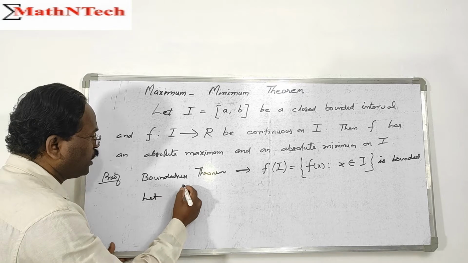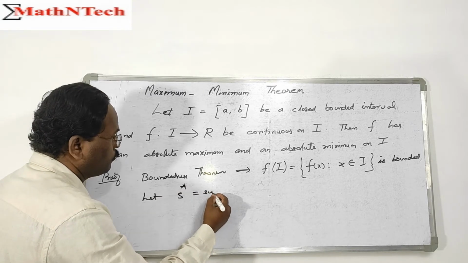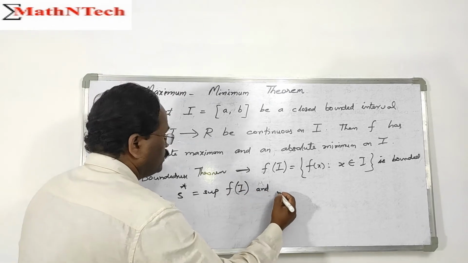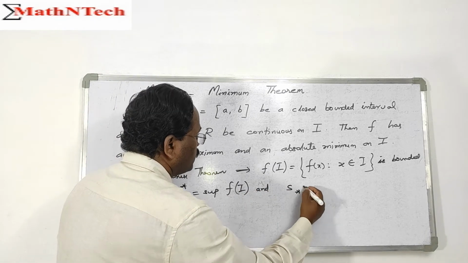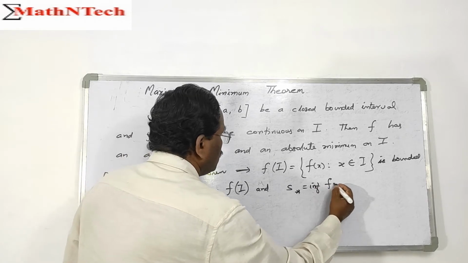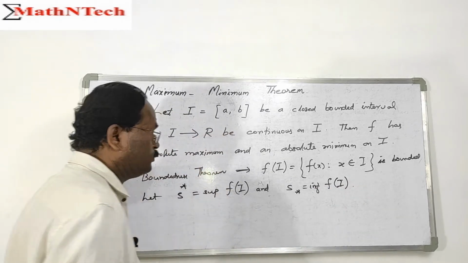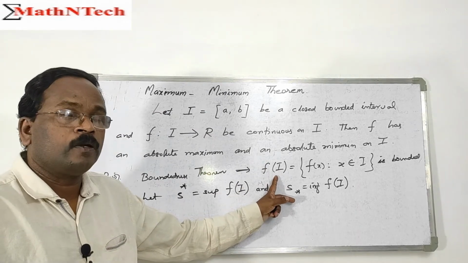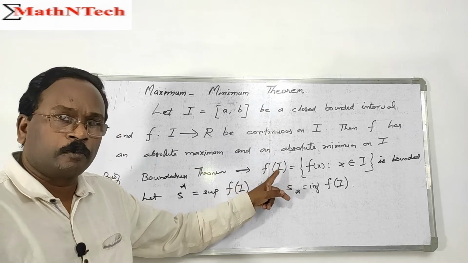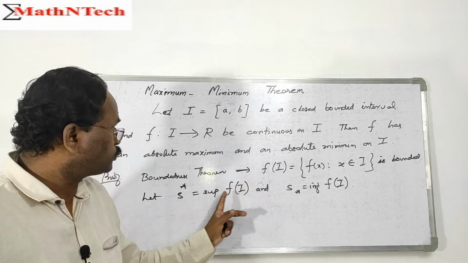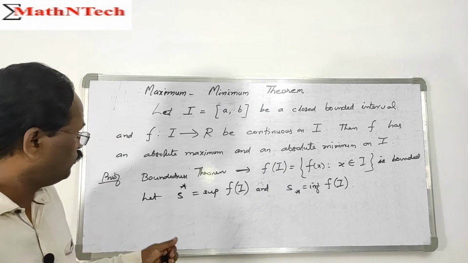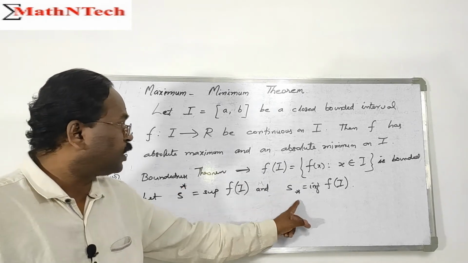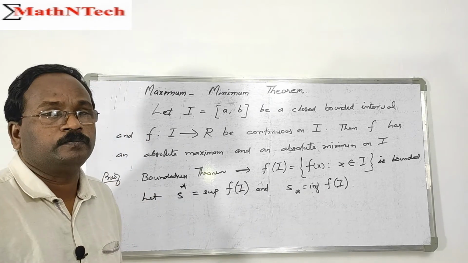So let S star be the supremum value of f of I and S star subscript be the infimum value of f of I. Because f of I is bounded, it is bounded above and bounded below. So it has both supremum and infimum, and we denote S star as the supremum value and S star subscript as the infimum value.